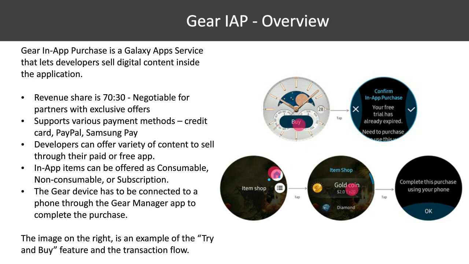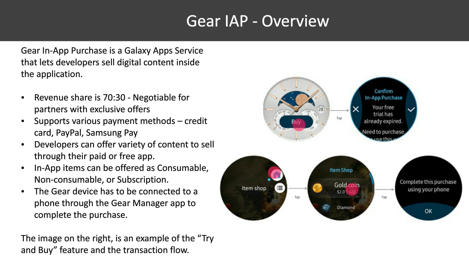At present, the Gear device has to be connected with a mobile phone to complete the transaction. The image on the right is an example of how the in-app purchase transaction flow looks. You can have a buy button in your watch face, and when the user clicks it, a pop-up shows on the watch.